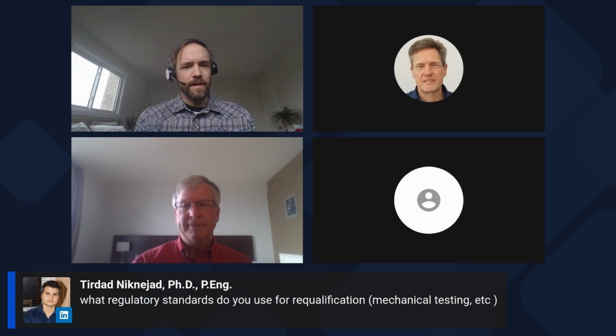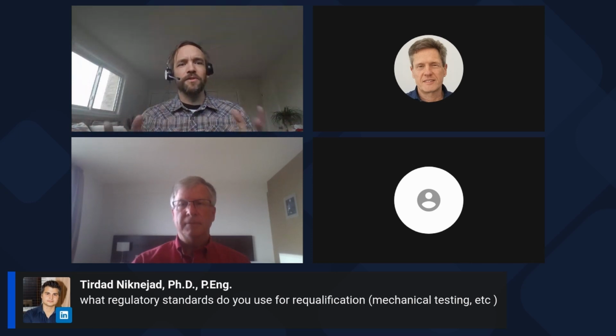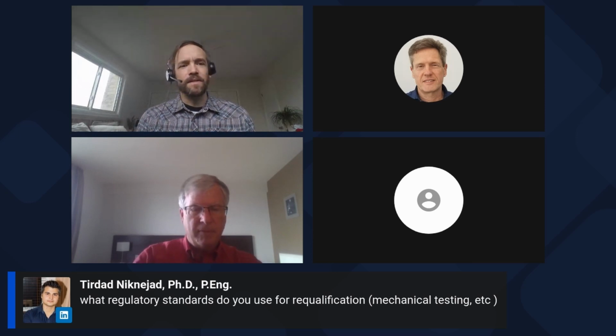So I see a question about standards for requalification. Yeah, so oftentimes stress rupture testing is used to ensure that property recovery has been achieved. We regularly include material from the production set that we're rejuvenating to use for that requalification. Microstructural analysis is another thing that is used to ensure that the material has been restored.